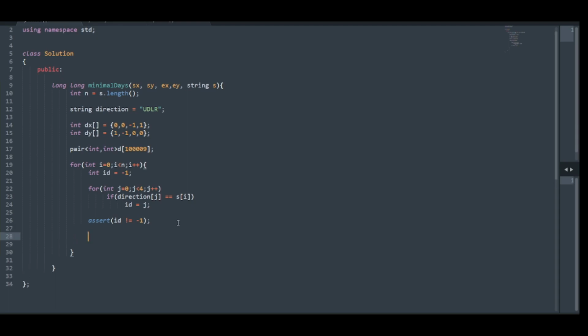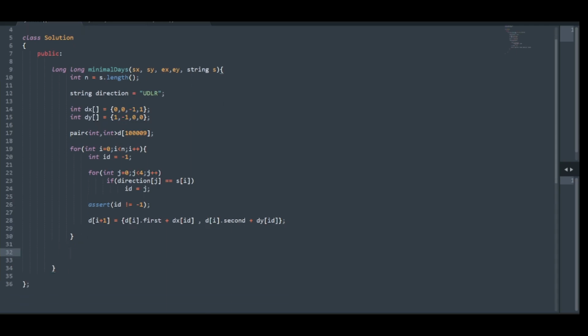Otherwise I just store the position on the nth day. That would be initial position plus the previous position in the y direction. Okay, so in this fashion I will have my final position.